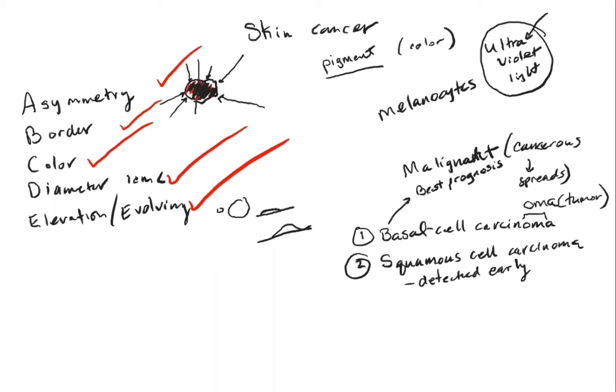Because if it's detected early, then we can remove it and it will not become malignant. Does that make sense, sir? Yes, sir. So with squamous cell carcinoma, it just depends on whether we catch it early or we don't. If we don't catch it early, it can become aggressive. So these patients that have squamous cell carcinoma, if you get it early, then you have good prognosis, but it's time sensitive. Okay. Yes, sir.